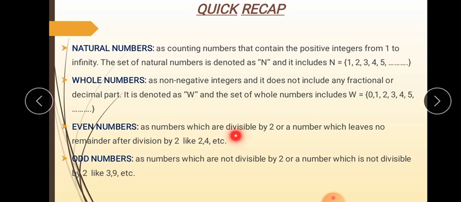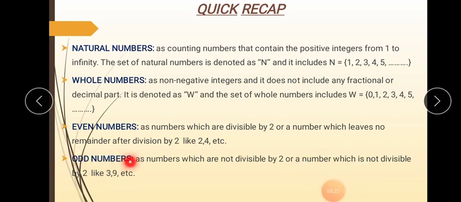If we divide 8 by 2, the remainder is 0 because 2 4s are 8. So such numbers which on division by 2 give us no remainder, or we can say remainder as 0, such numbers are called as even numbers.